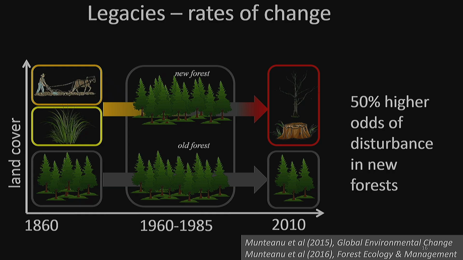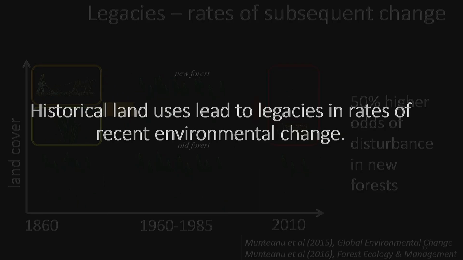So the message here being that historical land uses can affect the rates of environmental change, even centuries after the land use. And this holds true also for agricultural change processes. The pattern was the same there, where the rates of agricultural abandonment were much higher in areas that were used for agriculture for a shorter period of time.